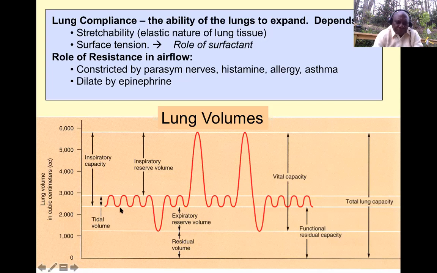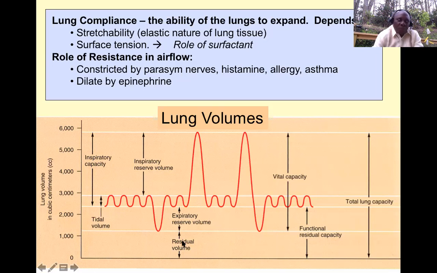And then the lung that's available for breathing is called inspiratory capacity. This is the air that's available. The one that's not available for breathing in is functional residual capacity.